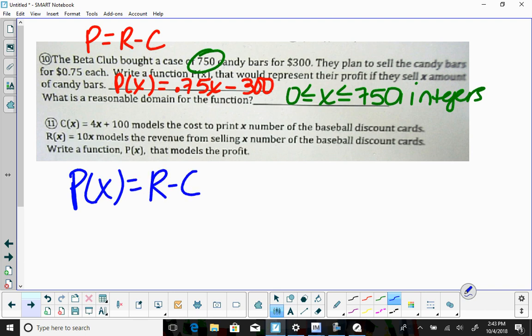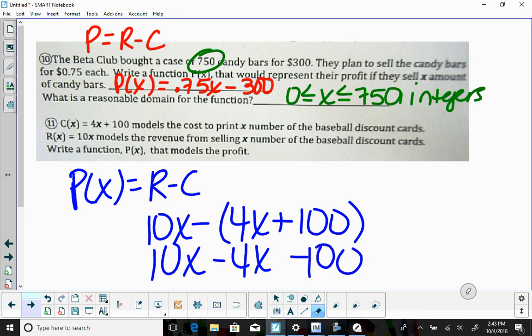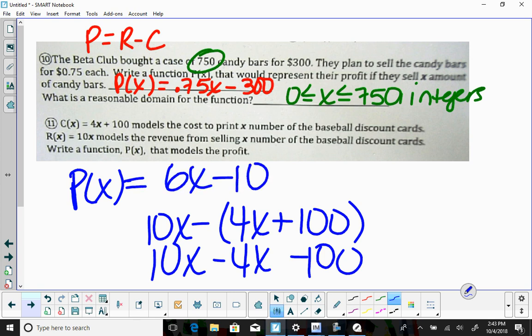So we're going to say revenue here is 10x minus 4x plus 100. So when I distribute my negative there, it's going to give me a final profit equation of 6x minus 100.